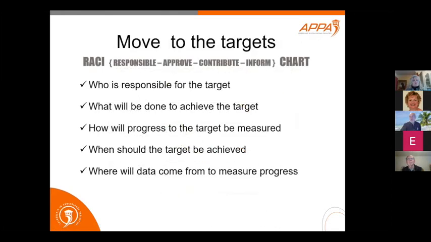So overall, to move toward your targets, you have to develop something like a RACI chart. And if you're not familiar with it, RACI stands for responsible, so knowing who the responsible individual is. Approve, there has to be someone involved in the process who will approve what strategic actions are made.